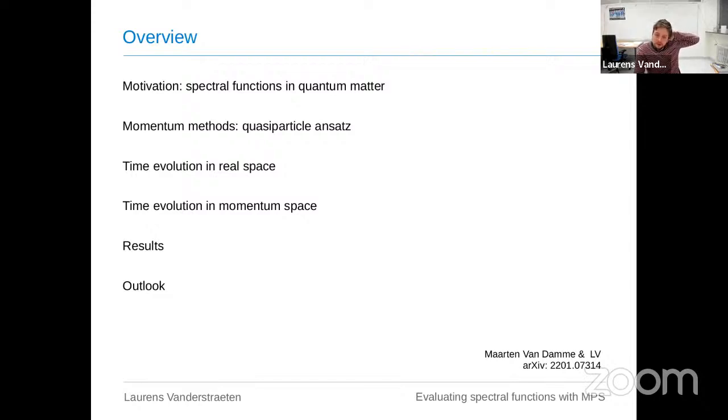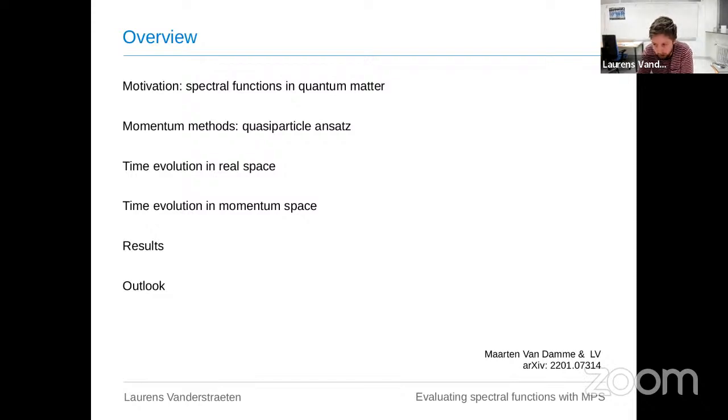Then I will explain how we introduce momentum in MPS simulations and how we can use this to get information about excitations in strongly correlated quantum matter using these momentum-resolved methods. Then I will quickly explain how people in the context of MPS typically compute spectral functions using time evolution in real space, in order to set the stage for explaining how we do it in momentum space.